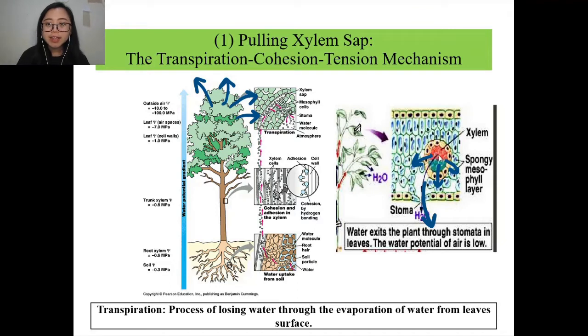Bila air daripada xylem di daun ini kena tarik, air yang ada pada xylem di belakang daun itu pun akan ikut tertarik. Okay? When water comes out from the xylem into the surrounding cell, the rest of the water that is in the xylem will be pulled up.